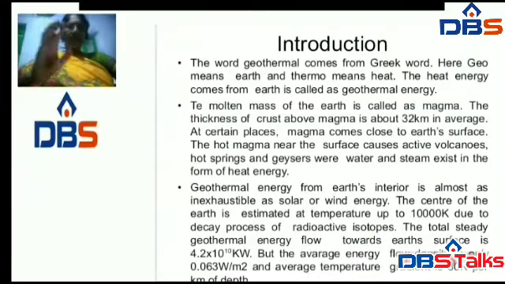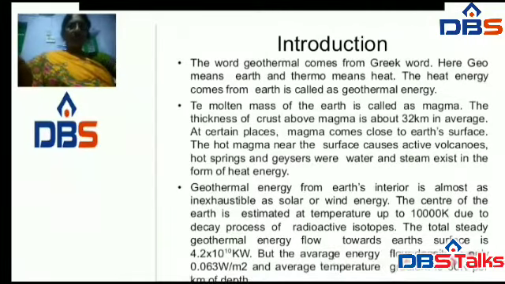So the main parts are the crust, which is the outermost layer, the lower part that is the magma, where the heat is produced, and then the core, which is surrounded by the mantle.